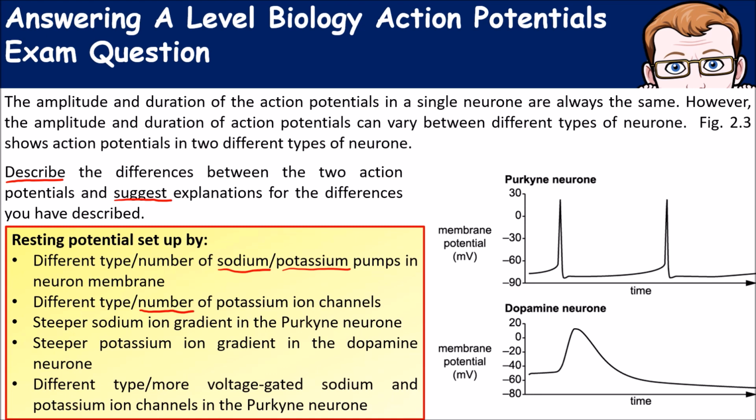So there's a steeper sodium ion gradient in the Purkinje neuron, and a steeper potassium ion gradient in the dopamine neuron. In different types of neuron, there are probably going to be different numbers of voltage gated sodium ion channels, and the same with different numbers of potassium ion pumps. So it's just about getting that detail in.